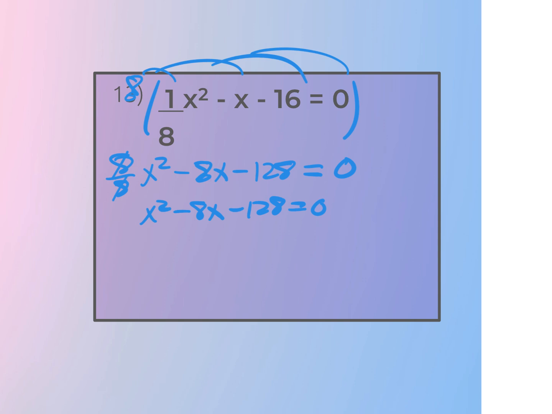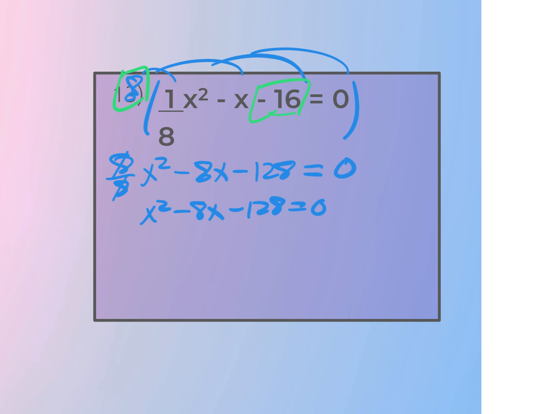Now we want to look for factors of negative 128 that add to negative 8. Right, you want to be a little bit smarter with these, right? You don't want to go through all of the factors of negative 128 and then say like, okay, 2 and 64, for example, right? Those aren't going to get you anywhere near negative 8, right? You can also tell we literally just multiplied an 8 and a negative 16 to get that negative 128.